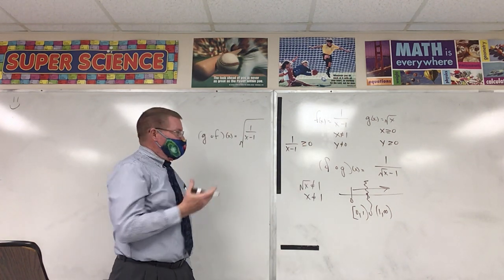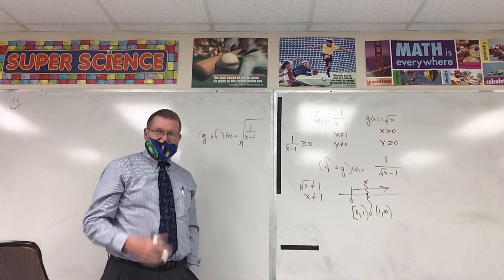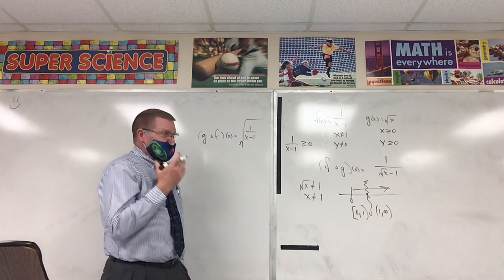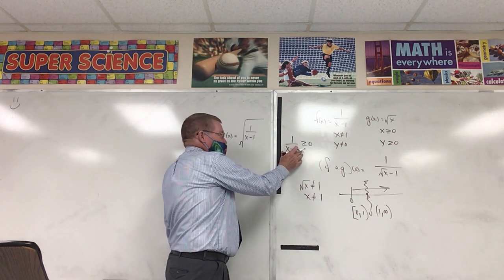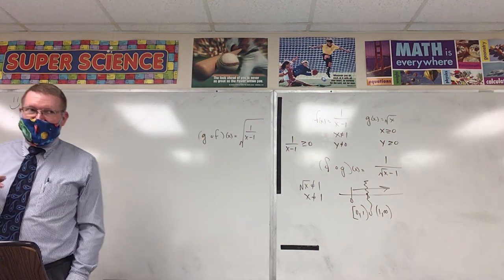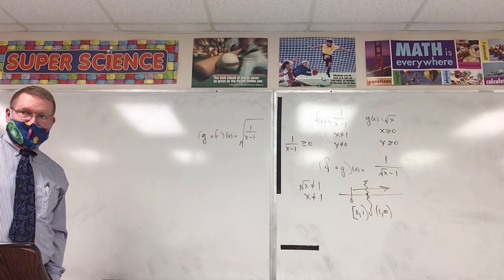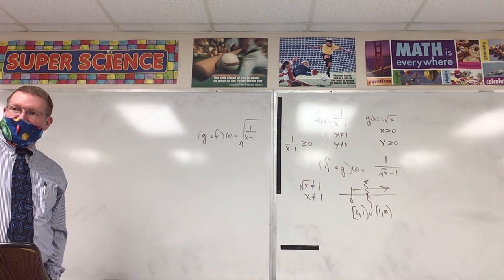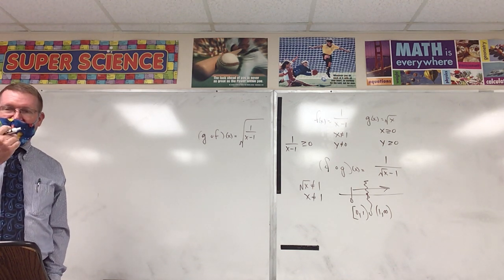Alright? Now, if we try to solve this, cross multiply, I get a false statement. So let's think about this. I need 1 over x minus 1 to be greater than or equal to 0. In other words, I need it to be positive.